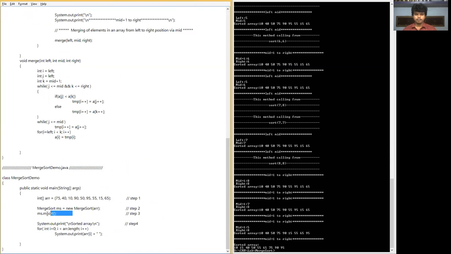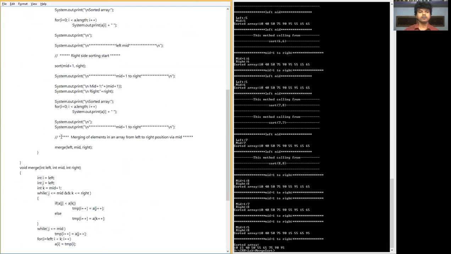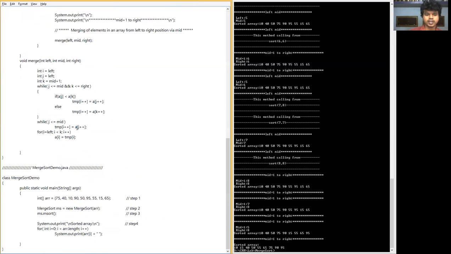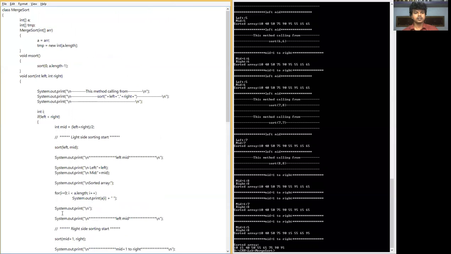Step 3, merge sort. Whenever we want to access these methods, we should access them by the object of this class. We already created an object MS for this merge sort class, through which we can call the MS sort. This is the MS sort method existing here. Here you see array length.